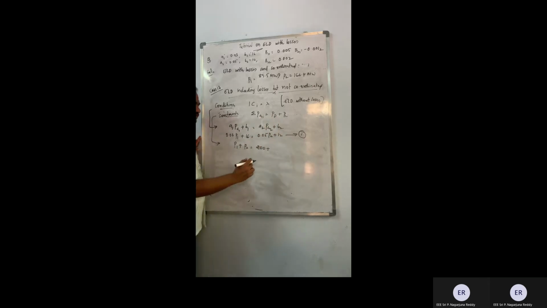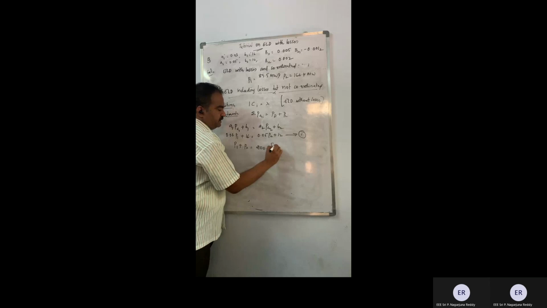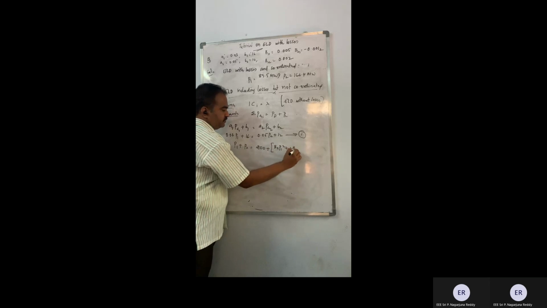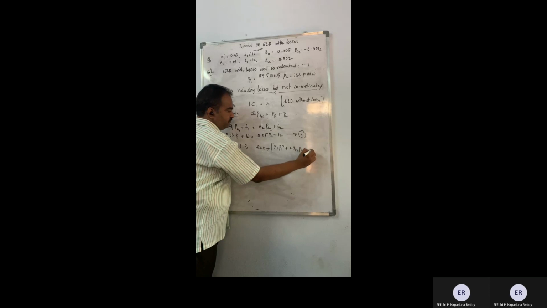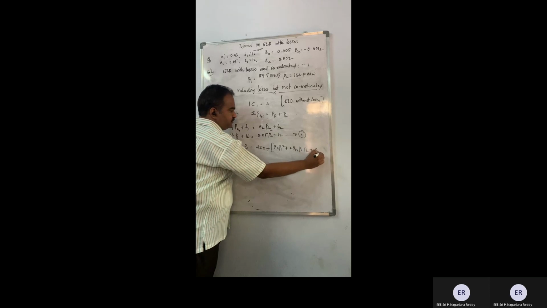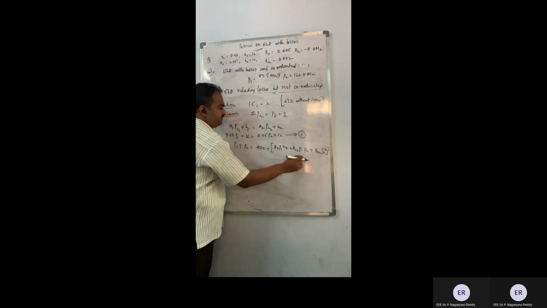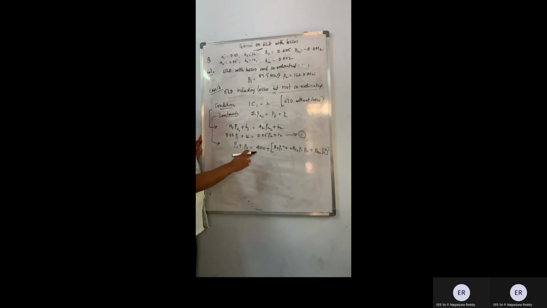Losses, we do have the equation. What was the equation for us? B11 P1 square plus 2 B12 P1 P2 plus B22 P2 square. So I am including this equation, but I am not considering this PL in the coordination equation. This is the coordination equation. This is the constraint. So I am simplifying the constraint.